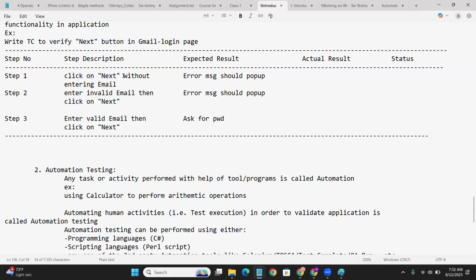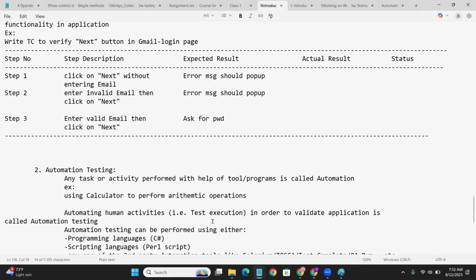Step 3: enter a valid email and click on next. It asks for the password. In the same way I need to operate the application and observe the response. Basically we give the step status in terms of pass or fail. This is what a test case looks like.